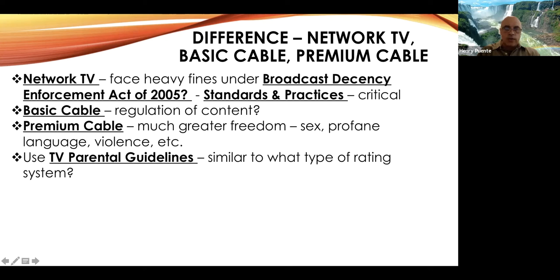And so the TV parental guidelines, which is very similar to the MPA ratings, started in 1997. And this is essentially to help parents figure out what is appropriate content for their kids.